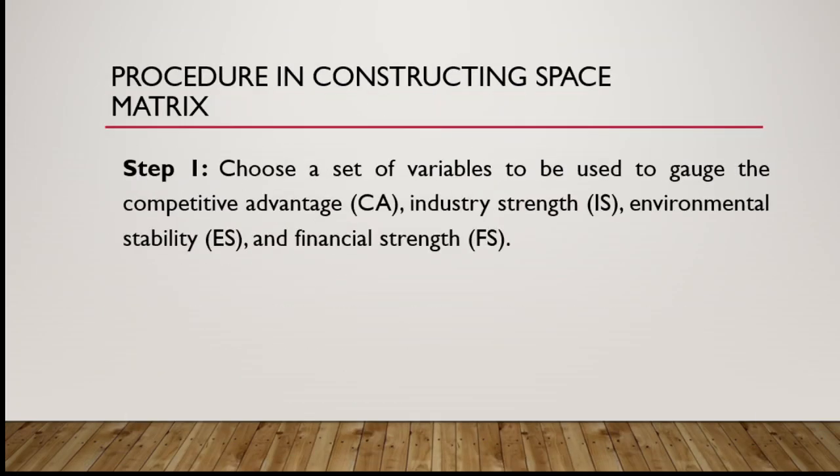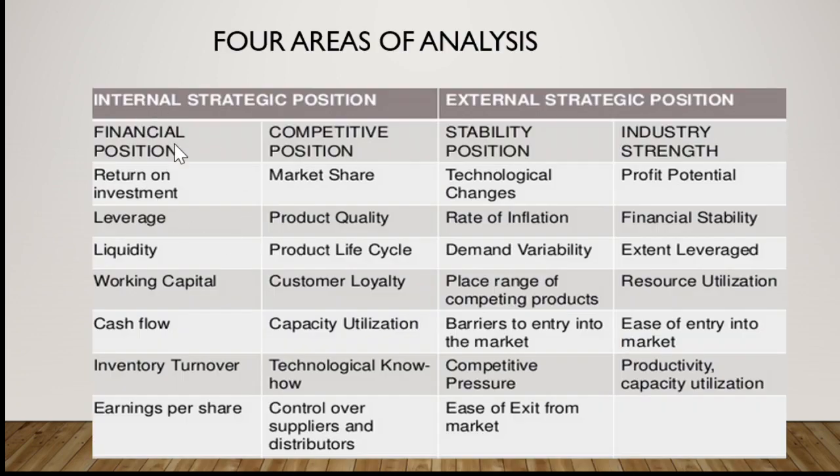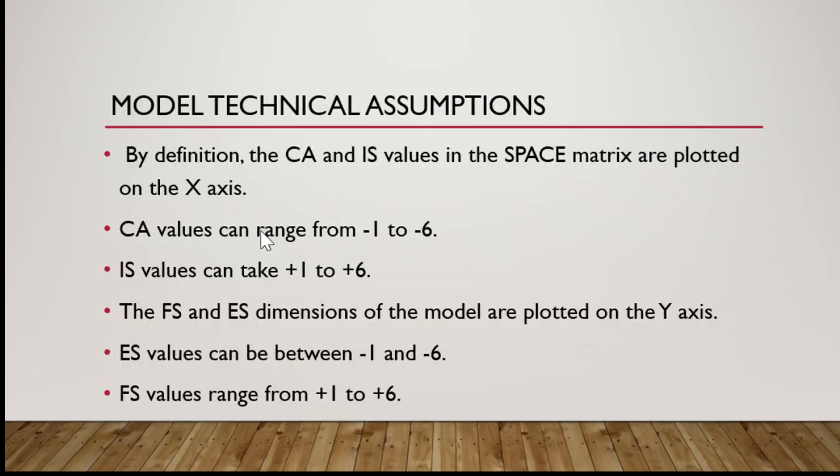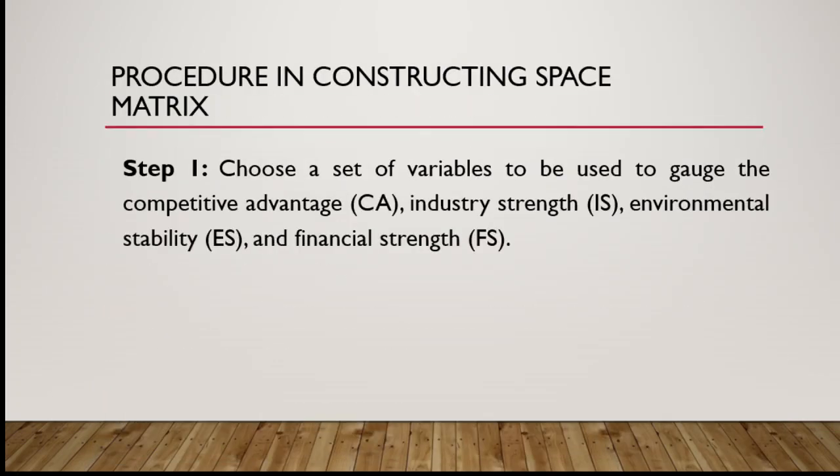Okay, so yung first step natin is to choose a set of variables to be used to gauge the competitive advantage, industry strength, environmental stability, and financial strength. So we can choose from these factors na listed dito, okay, or variables na yun.